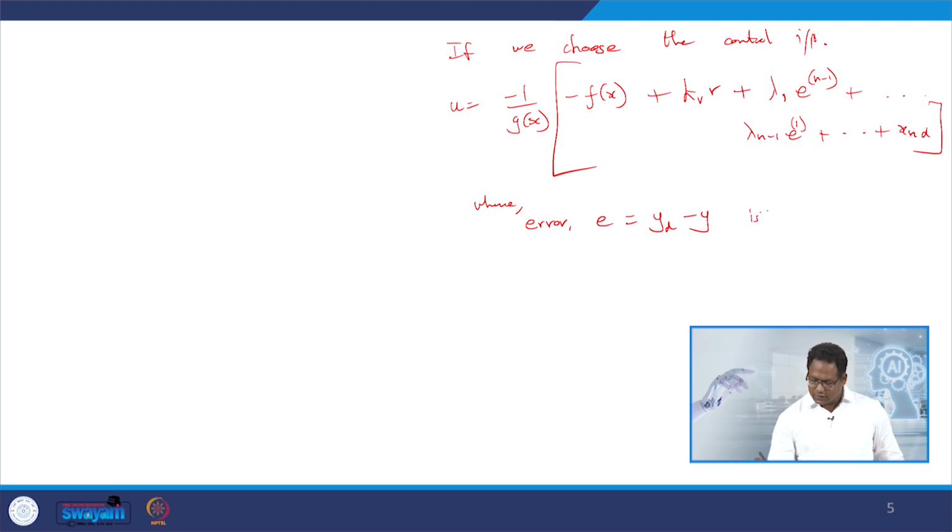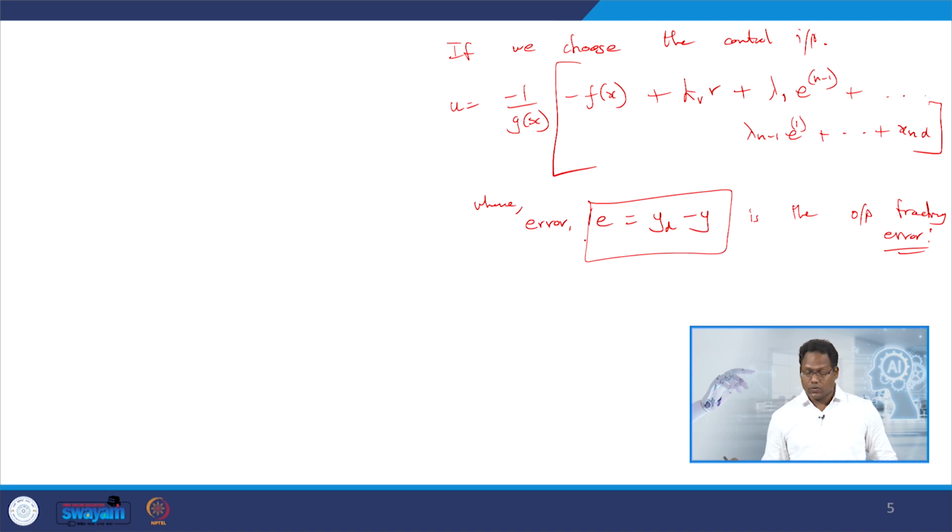E is nothing but the output tracking error. More precisely, it is called E equal to y desired minus y. y is the actual output of the system and y desired is a desired value for the system, and y d minus y is the tracking error.